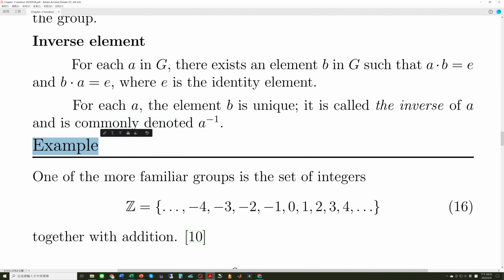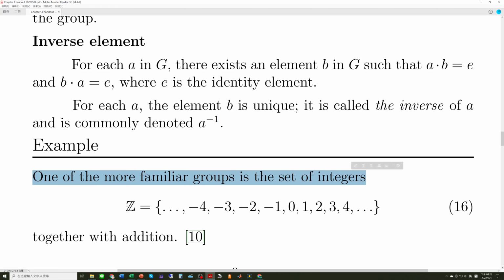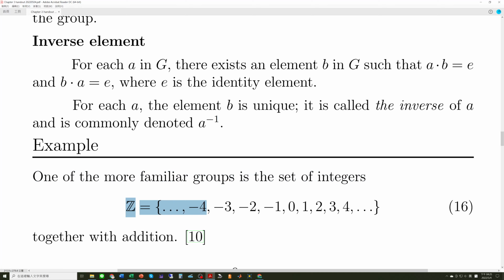Okay, example. One of the more familiar groups is the set of integers. Z is equal to dots, negative 4, negative 3, negative 2, negative 1, 0, 1, 2, 3, 4, dots, together with addition.